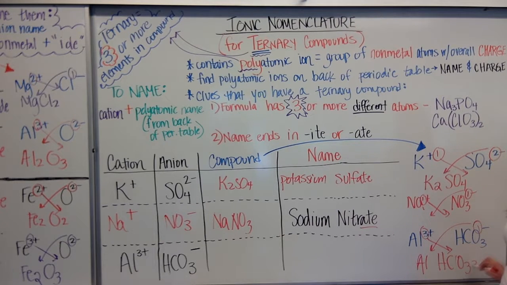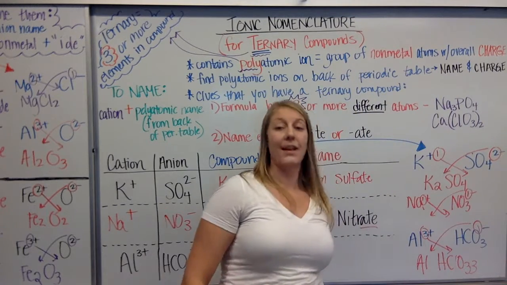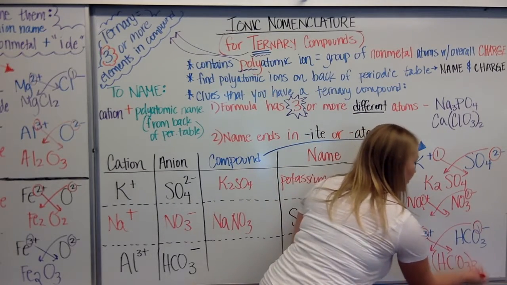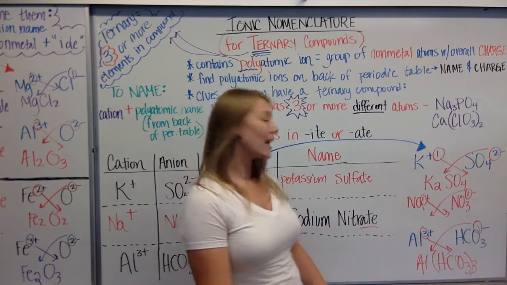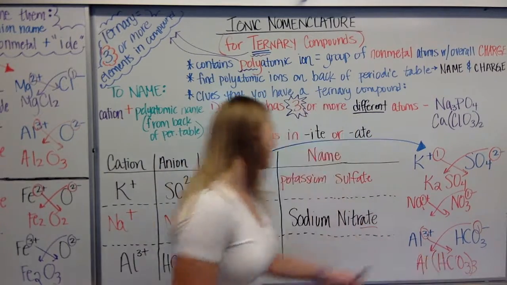Now, if I just put the 3 there without a parentheses, then this is HCO33. That's not what I'm trying to indicate. I'm trying to indicate HCO3, and I have 3 of them. So I put that HCO3 in parentheses to indicate there's 3 of them.